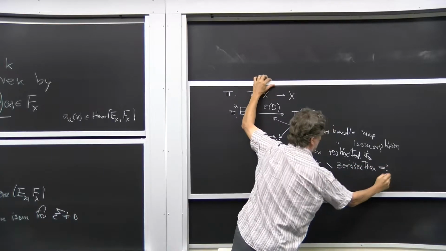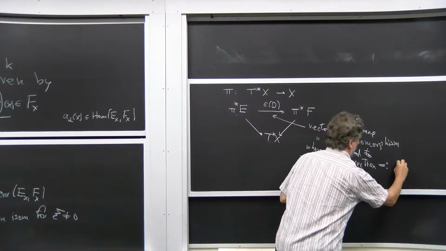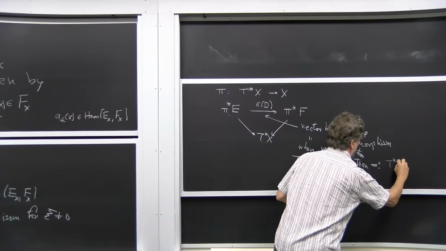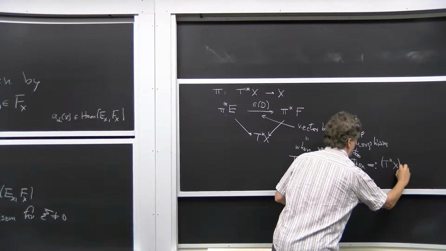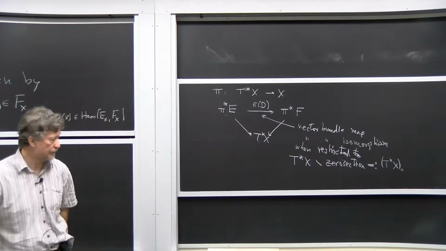And that will show up a lot during this talk, so I have a notation for that. I will denote that by this little subscript 0 to say that I'm in the complement of the zero section.